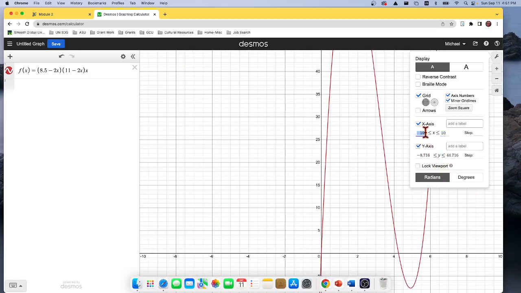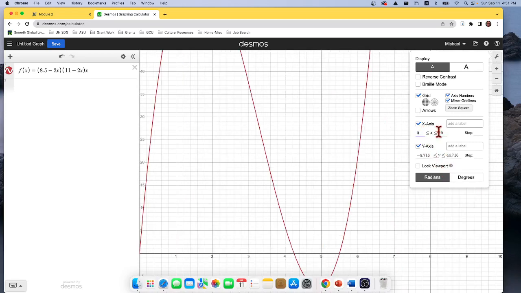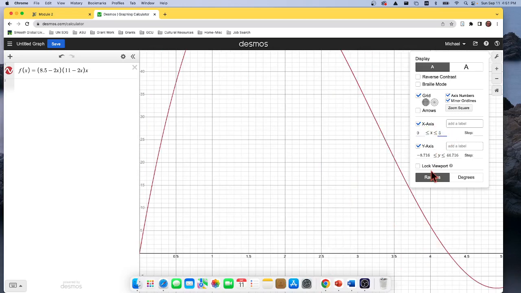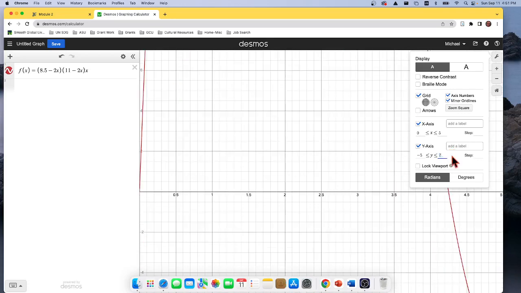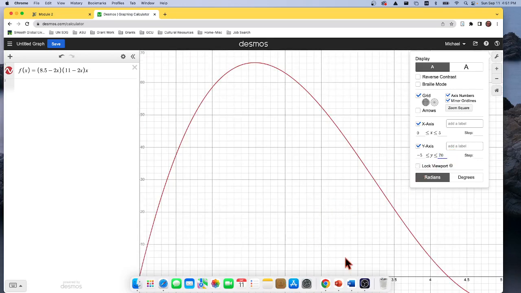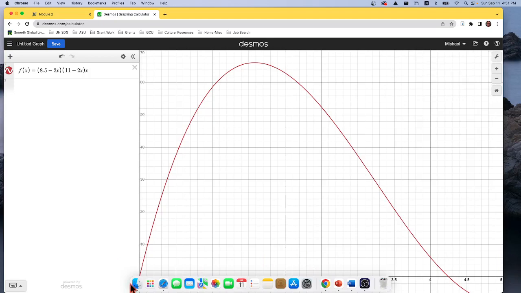Actually, okay, so this is the x. So we could go from 0 to 5. That's really all the further we need to go. The y-axis, maybe negative 5 to 70. There we go. So now we get this nice flow, and we can see 1.85 is going to give us the maximum.